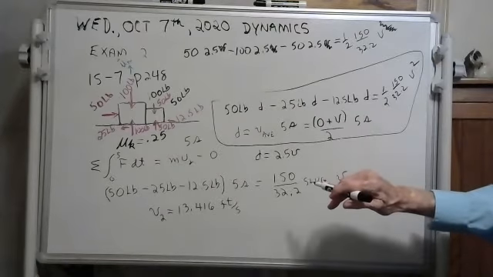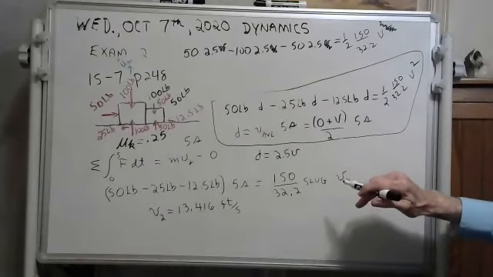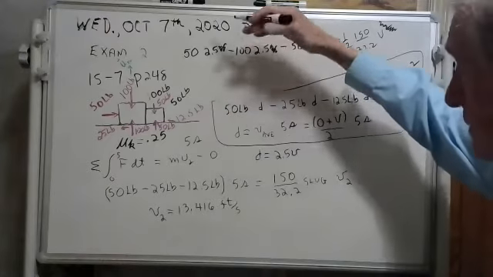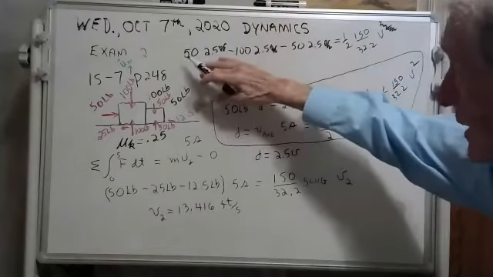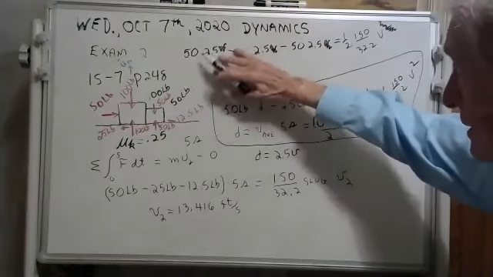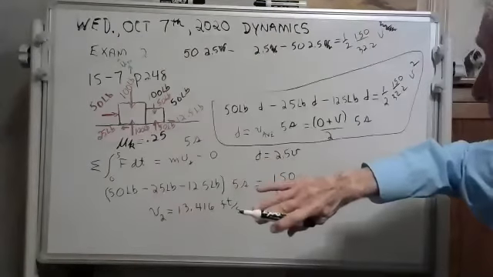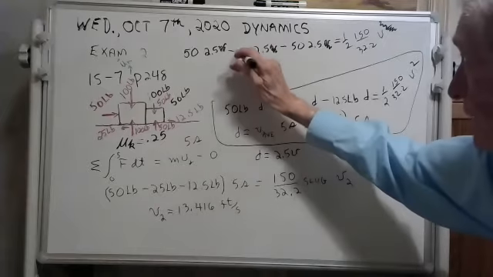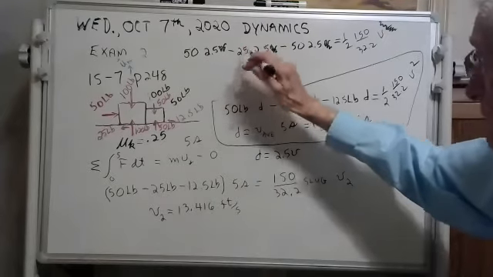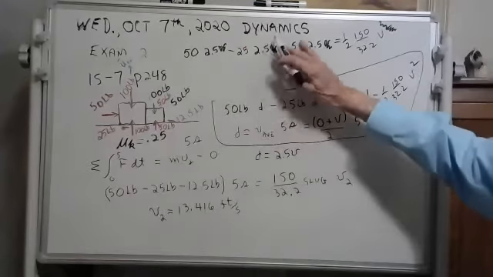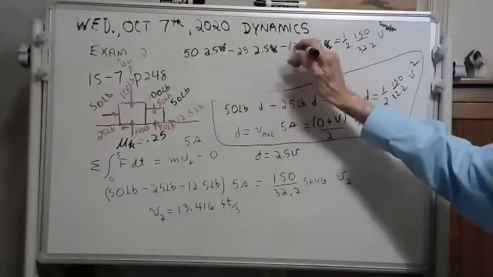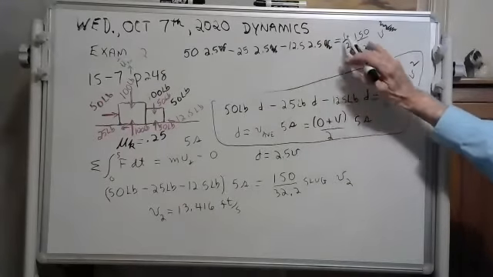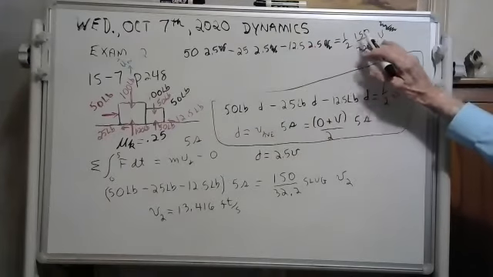Okay. So now this is going to be 50 times 2.5 V, and this is going to be 25 times 2.5 V, and this is going to be 12 and a half times 2.5 V, and this is going to be 1/2 times 150 over 32.2 V squared.